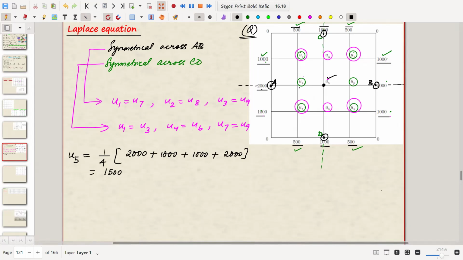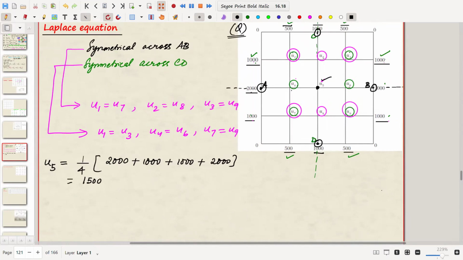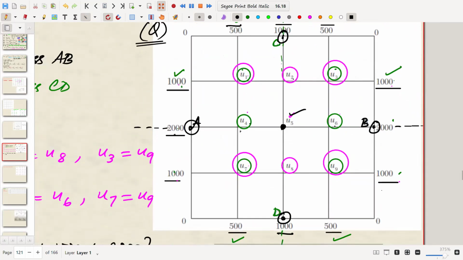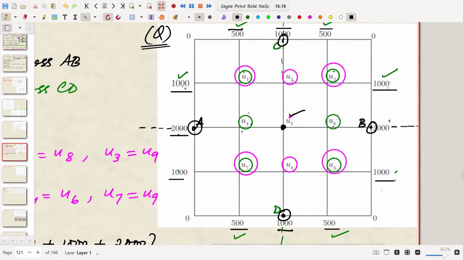You got U5, the initial value. What should you find next? Think. It is the game of thinking. How about U1? Can we find U1? How?